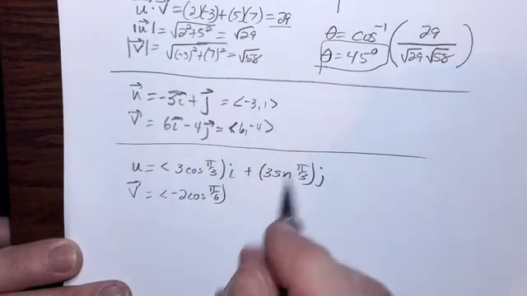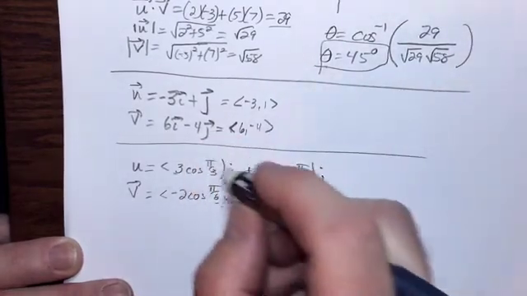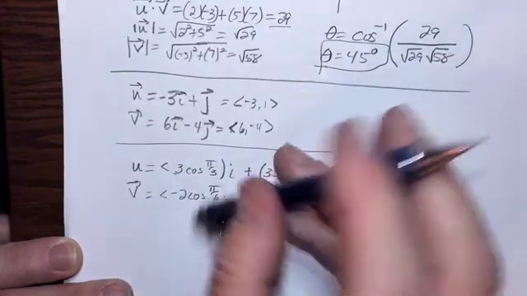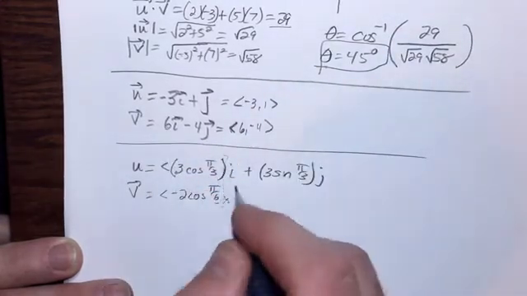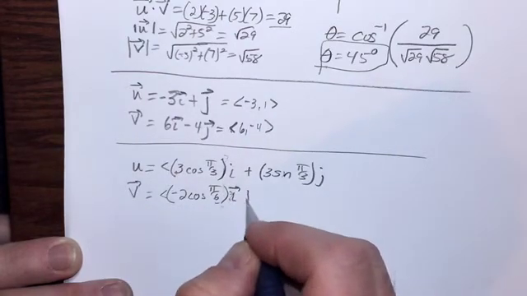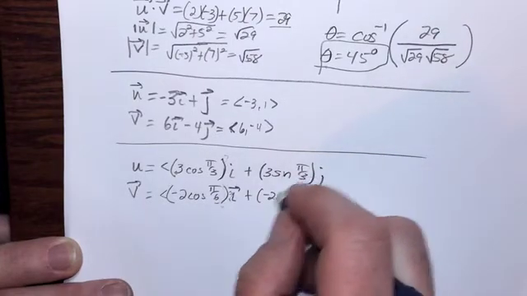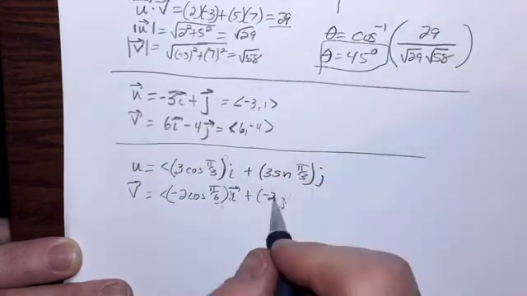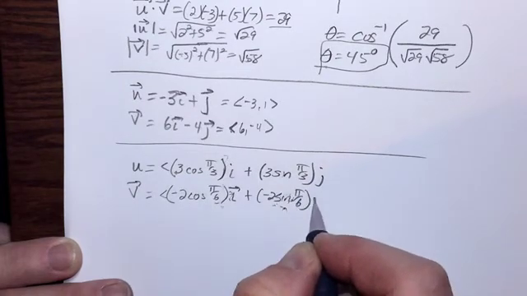Oops. I don't know why I put that parenthesis in there. Oh, I guess that's why, because I want it like that. Negative 2 cosine i plus negative 2 sine of pi over 6 j.